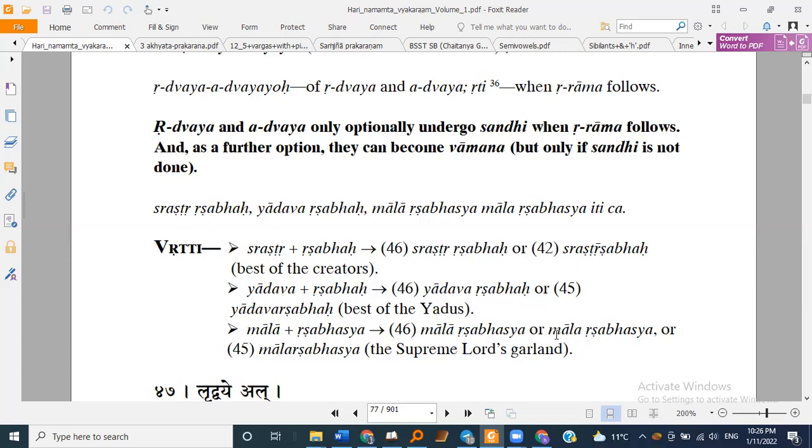But when such sandhis come, it is really a struggle initially to identify them. Have you seen this in any work? No, this particular one I have not seen, Mala Rishabhasya, like this. But without sandhi, Advaya and Ridvaya, have you seen anywhere? Yes, I have seen, like Advaya first and Ridvaya second. Yes, exactly.